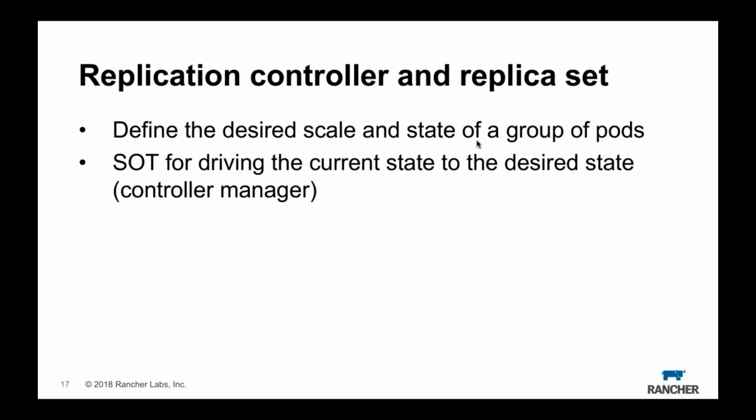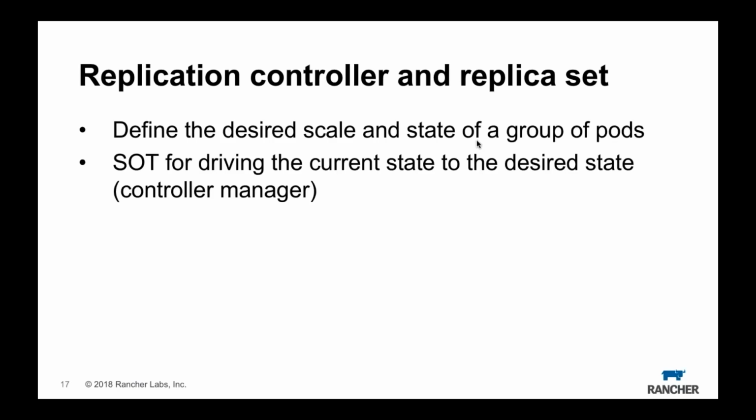And then on top of that is a replication controller, formerly, and now a replica set. That is basically a higher level on top of the pods. In these replication controllers and replica sets, you define the desired scale and the state of the pods. So you declare all the pod's properties, and you tell it at what scale, how many pods you want to run for a given workload.